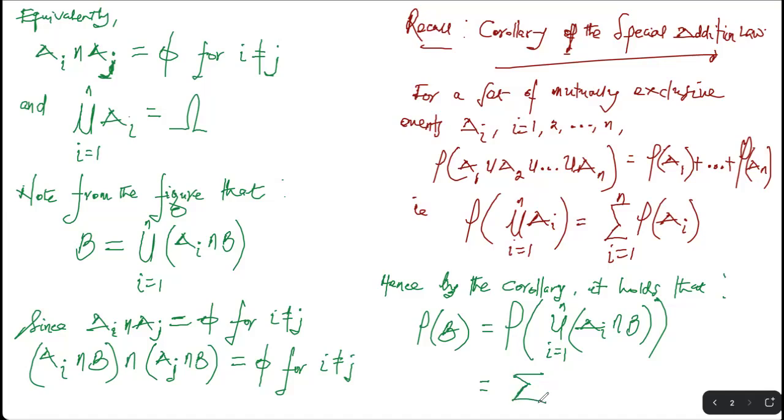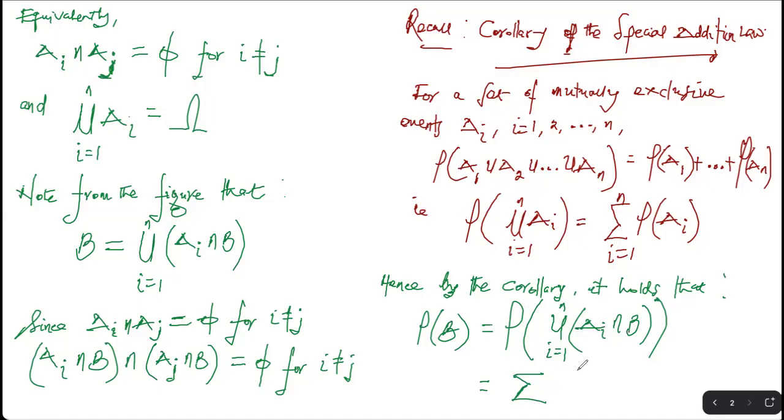Here, keep in mind, we're taking the union of AIs, but here we're also taking the union of some AI intersection B. If it's confusing, we can represent the AI intersection B by, let's say, CI, so that it's straightforward. But we can still see through, right?